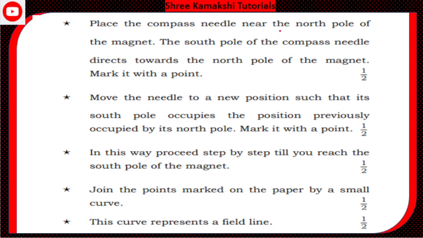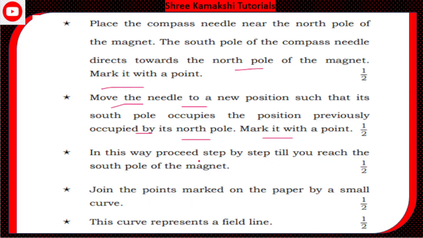Place the compass needle near the north pole of the magnet. The south pole of the compass needle directs towards the north pole of the magnet. Mark it with a point. Move the needle to a new position such that its south pole occupies the position previously occupied by its north pole. Mark it with a point.